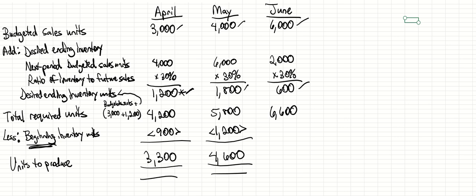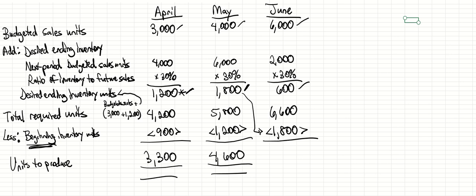Now we're going to subtract out the beginning inventory units, which is going to come from the desired ending inventory in units that was calculated for May, which is 1,800. So we're just going to bring this 1,800 into June's production budget, and it's going to be subtracted from 6,600.